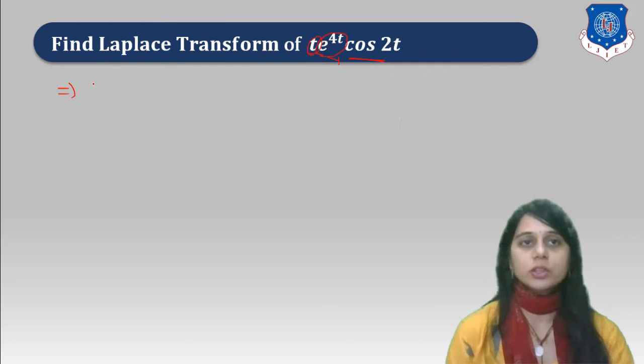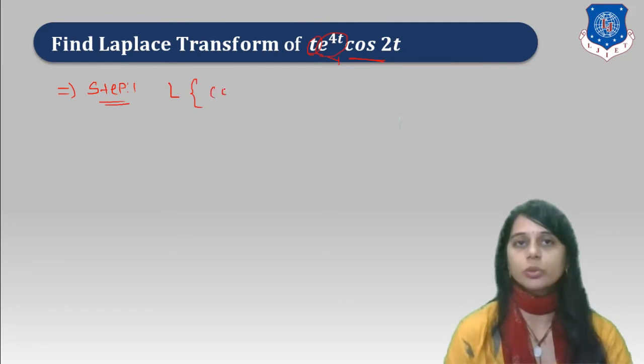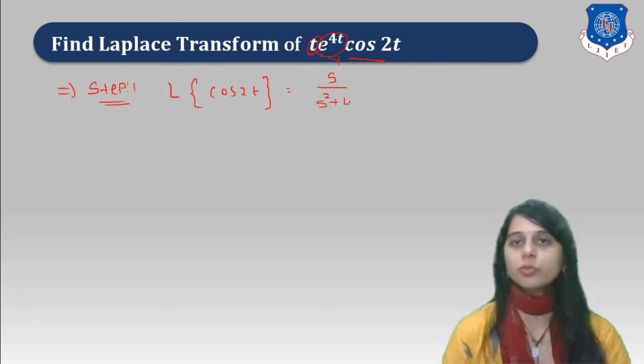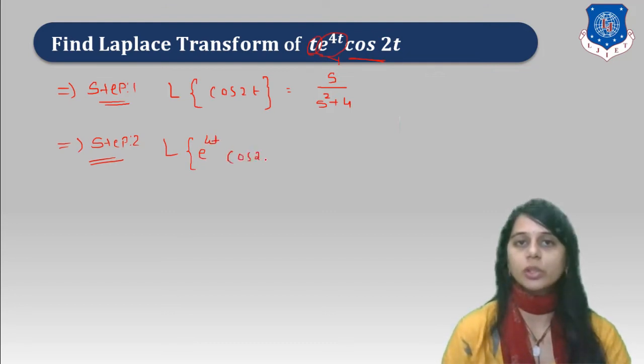The order is, first, step 1: find Laplace of cos 2t. What is Laplace of cos 2t? It is s upon s square plus 4. Step 2: Laplace of e raised to 4t cos 2t.